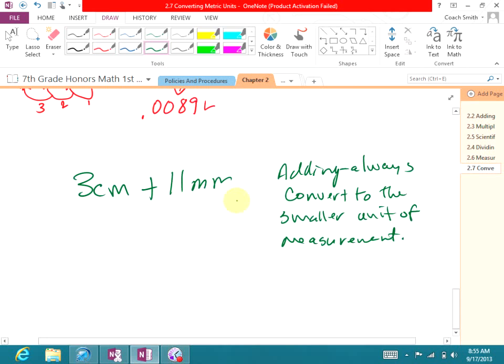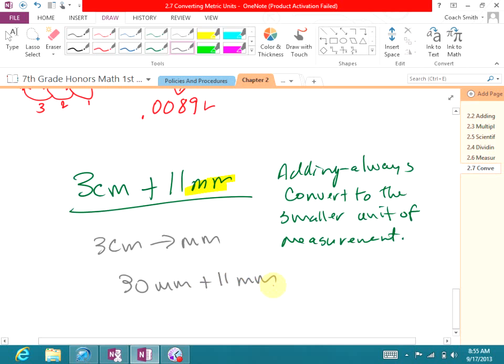So, what I want to do here is I want to convert to millimeters. So, if I'm going to take 3 centimeters and convert it to millimeters, that's moving what? One place, right? One place to the right or left? To the right, okay? So that's just going to make that 30 millimeters. Okay, and so now I can go 30 millimeters plus 11 millimeters and get 41 millimeters.